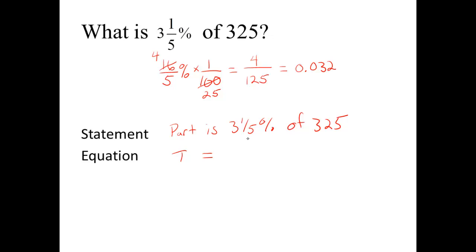We will write this in decimal form as 0.032, and of becomes multiplication. We will multiply using a calculator, and our answer is 10.4. So 10.4 is 3 1/5% of 325.